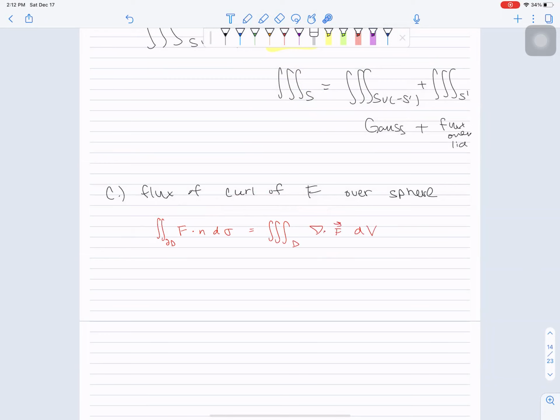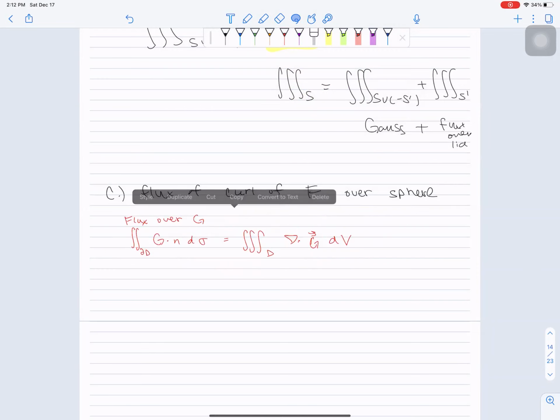This is the flux over, let me call it G. So Gauss's theorem says flux over some G is this.